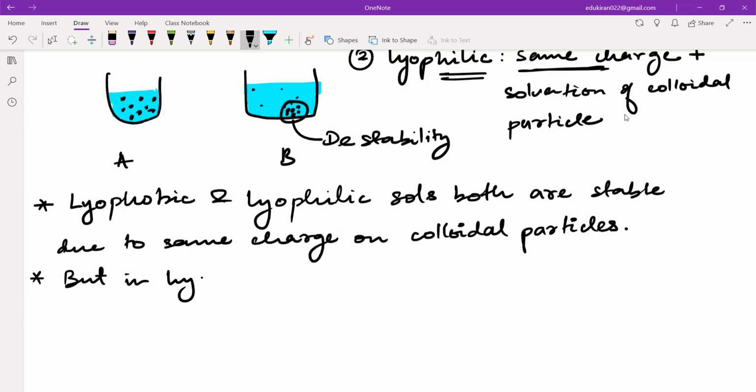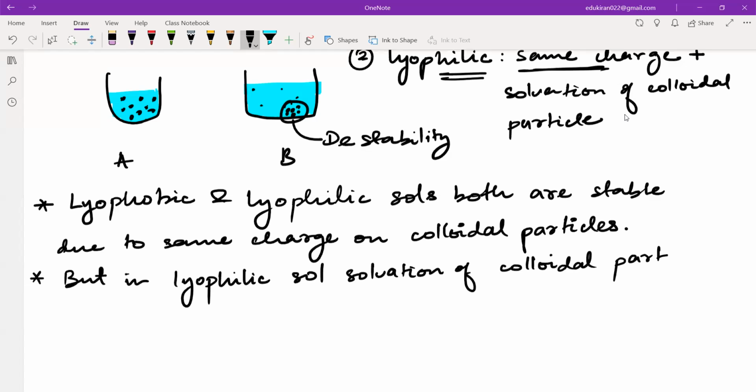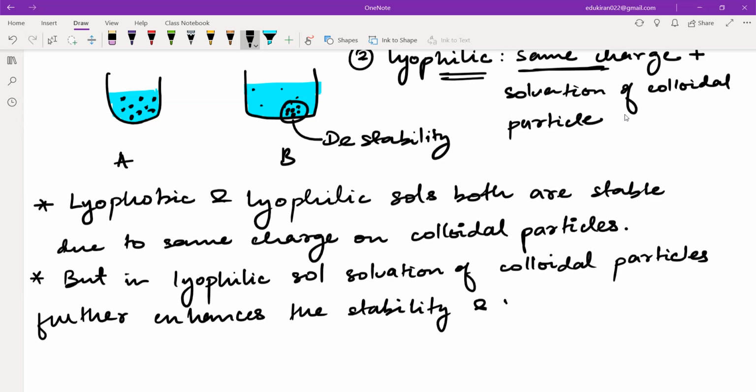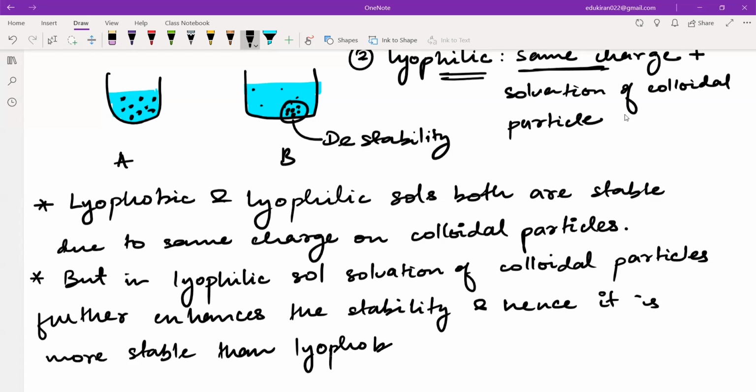But in lyophilic sols, solvation of colloidal particles further enhances the stability, and hence it is more stable than lyophobic sols.